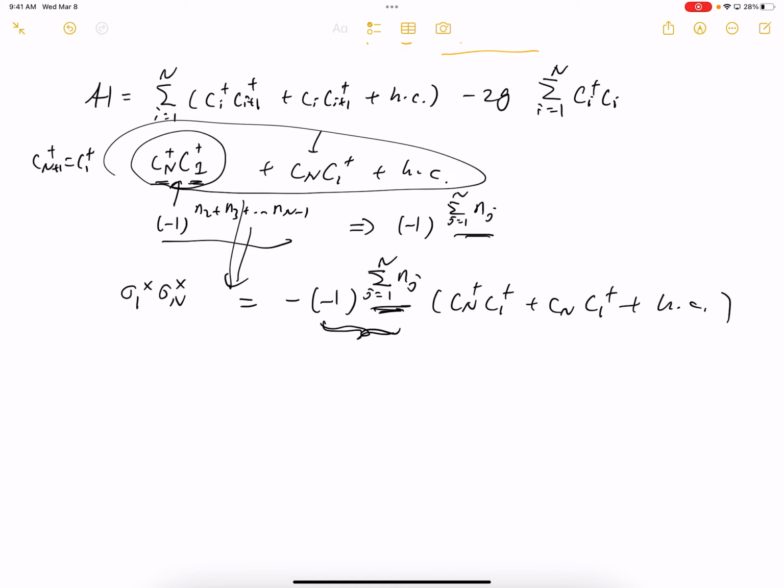But because it only concerns the parity of the total number of fermions, whether it's odd or even, you can just solve the Hamiltonian in two separate cases. One is that the total number of fermions is odd, and the other is that it is even. So the complication we add with the periodic boundary condition is just that you have to solve this diagonalization problem for two different cases: the total number of fermions being odd, and the other one being even.